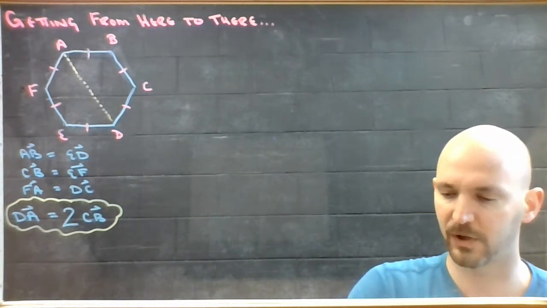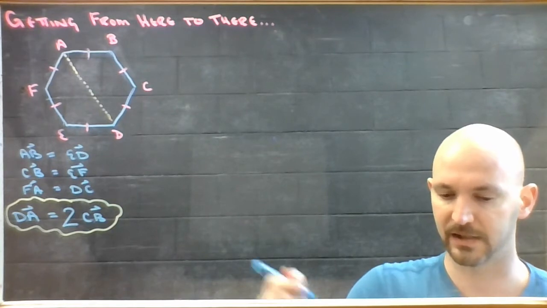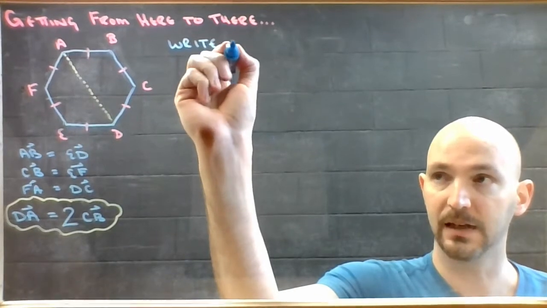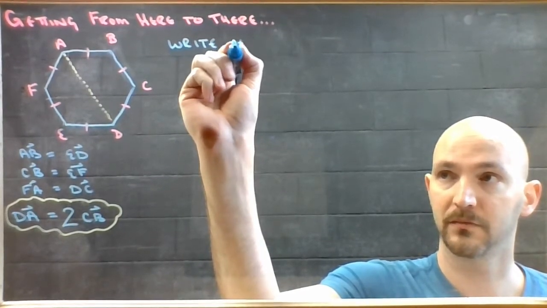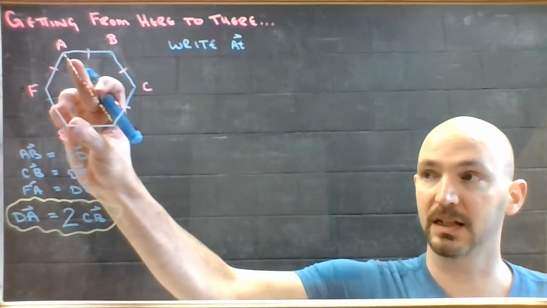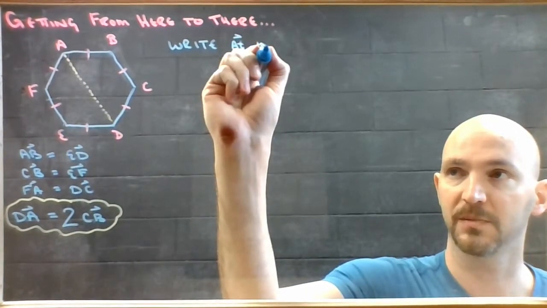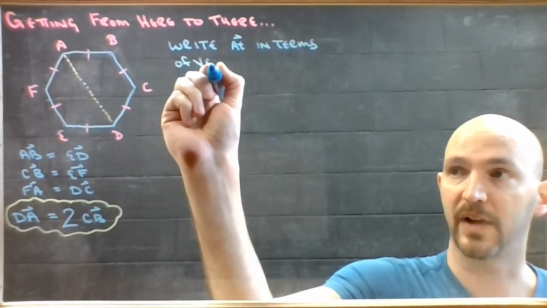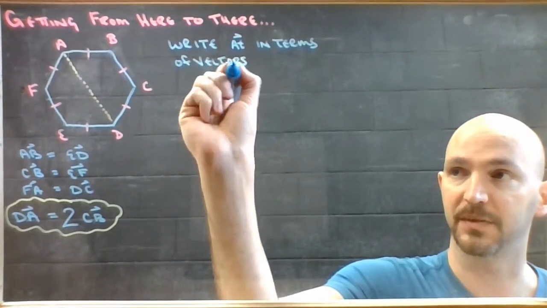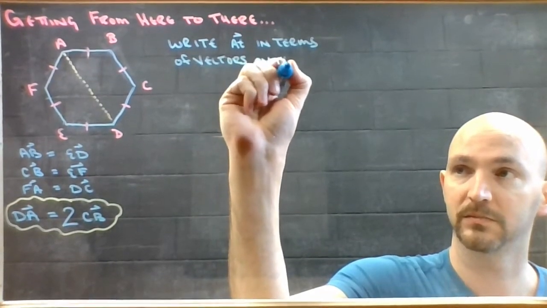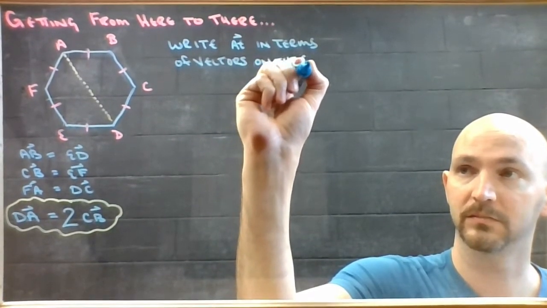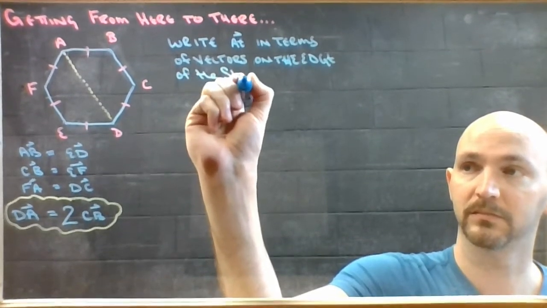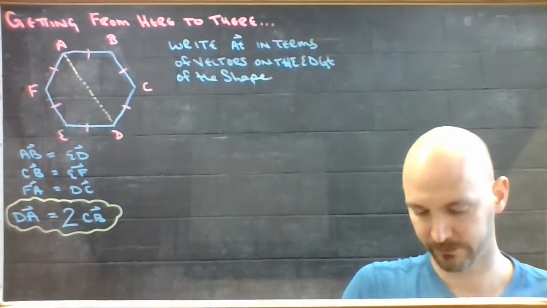So the first thing we're going to try and define is write A to E, so that's from here to here, in terms of vectors on the edges of the shape. Okay.